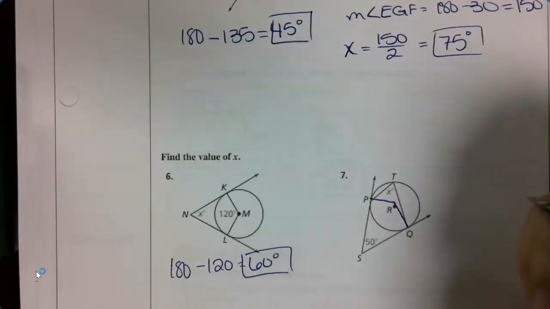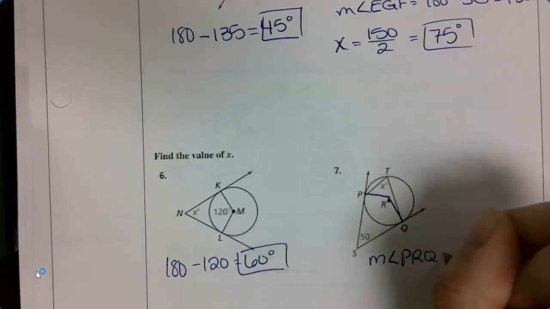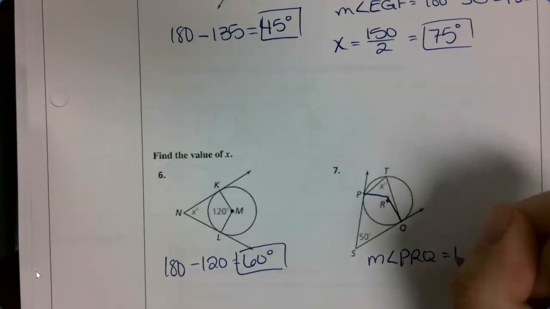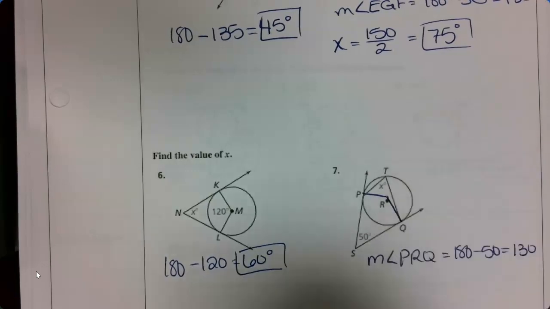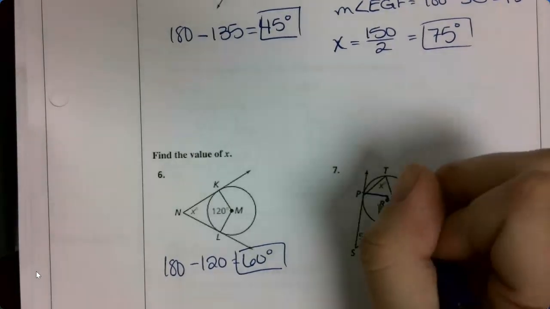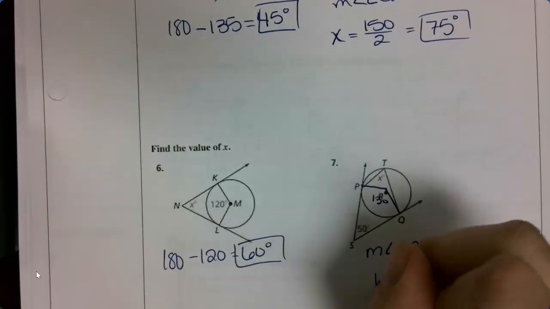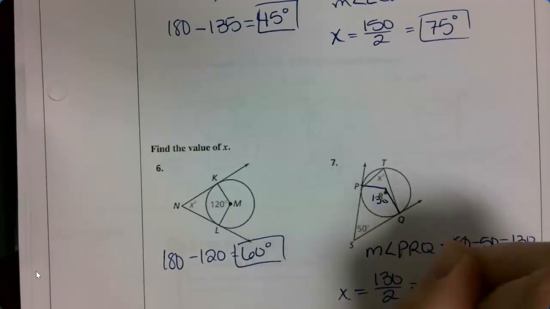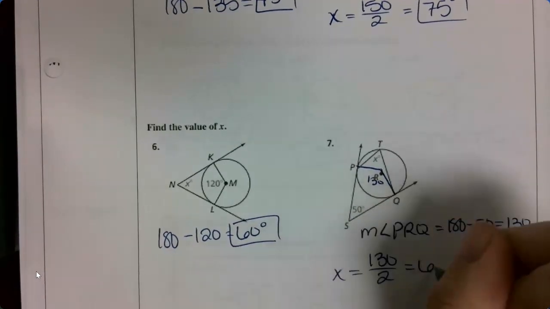So I want to find the measure of angle PRQ, which I'm going to do by taking 180 and subtracting the 50. Gives us 130. And then by the inscribed angles theorem, I'm going to take 130 and divide by 2, which gets us 65 here.